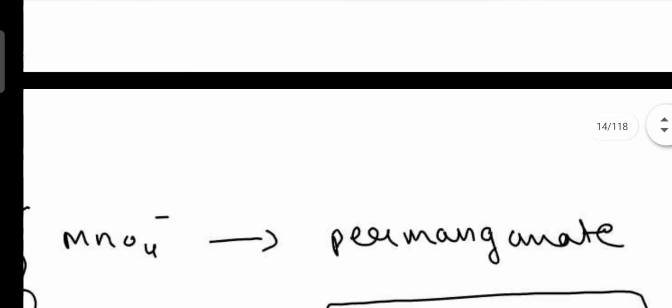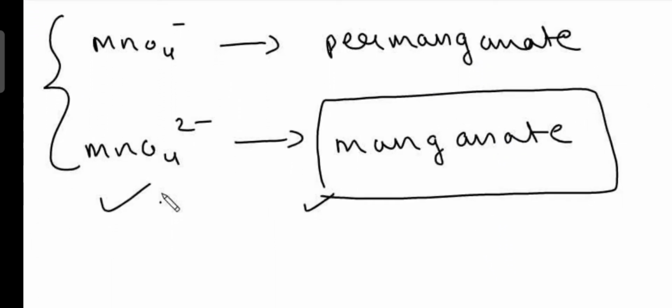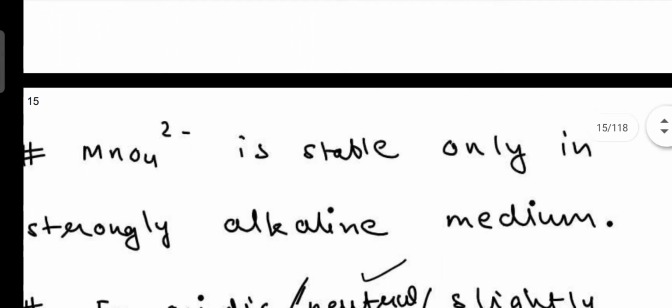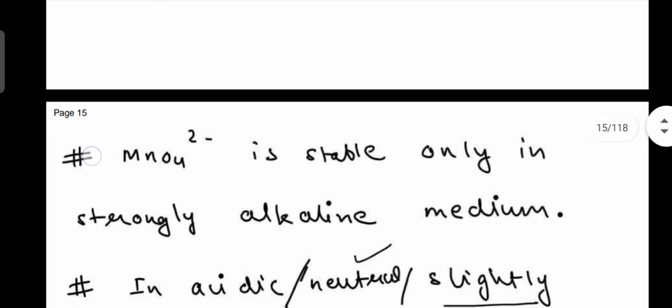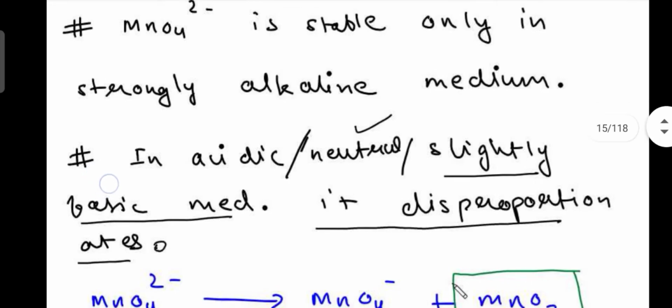Next, let's move ahead. MnO4 minus is permanganate. Only one negative charge is there on permanganate, but two negative charges are there in manganate. So remember this. And one more thing: the word per is added for the higher one, so it means permanganate, like we also say peroxide, superoxide. Next, MnO4 minus is stable only in strongly alkaline medium.